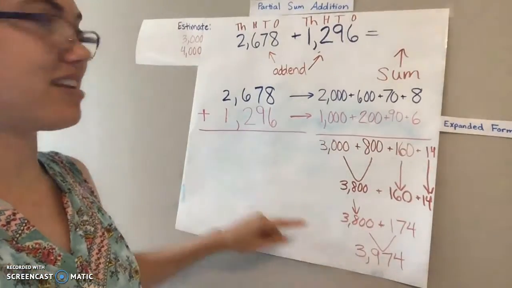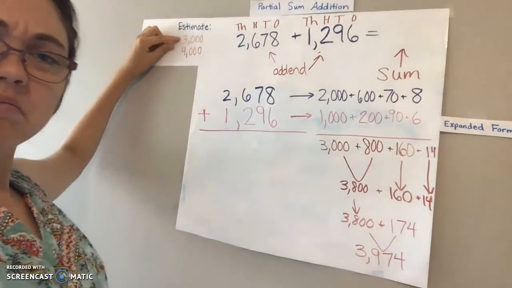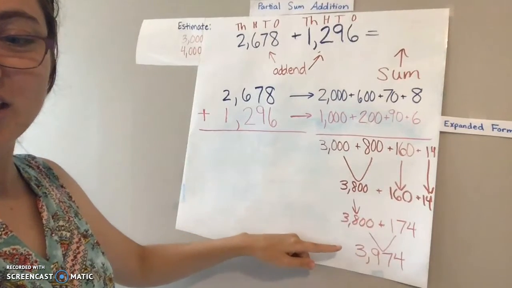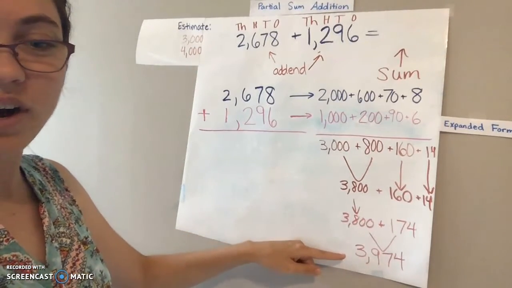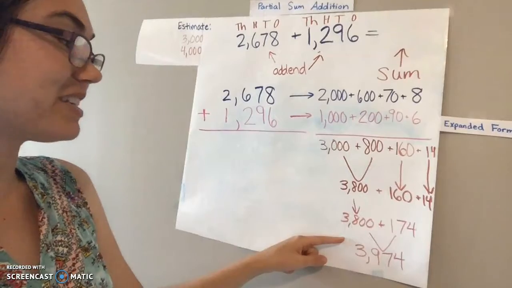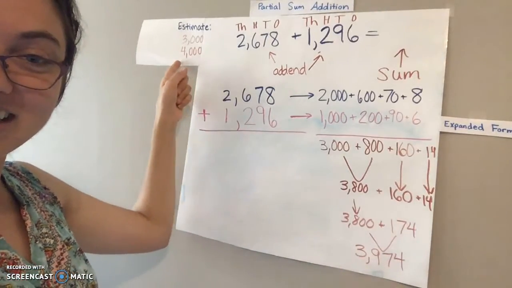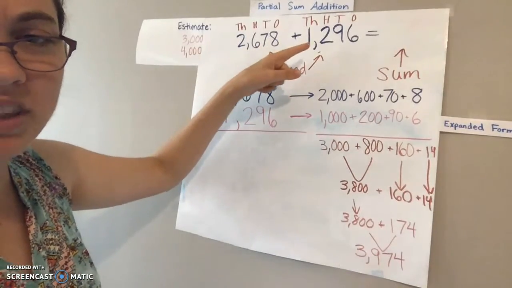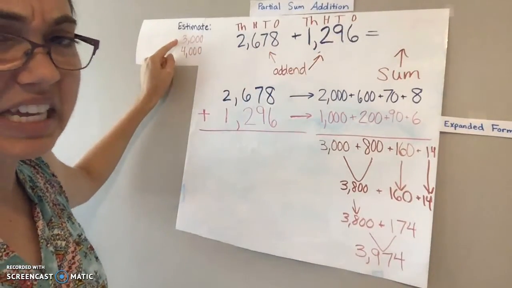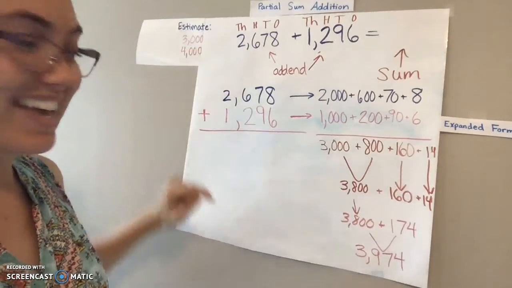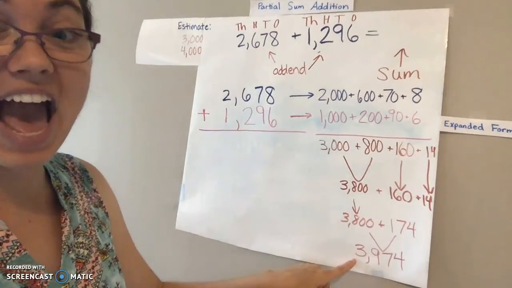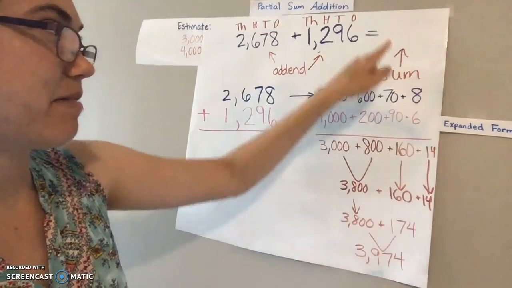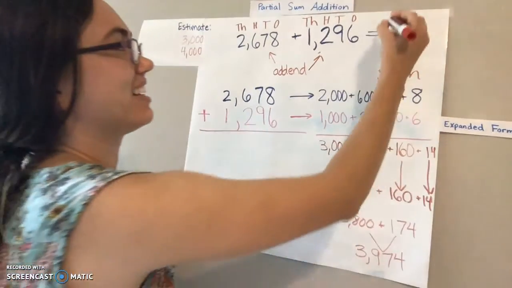Remember, our estimate was probably 3,000 or 4,000. What was our answer? 3,974. Perfect. We were so close when we first started out. When we first said, well, 2,000 something plus 1,000 something must be at least 3,000 something. So let's write our sum from all these parts back into our equation.